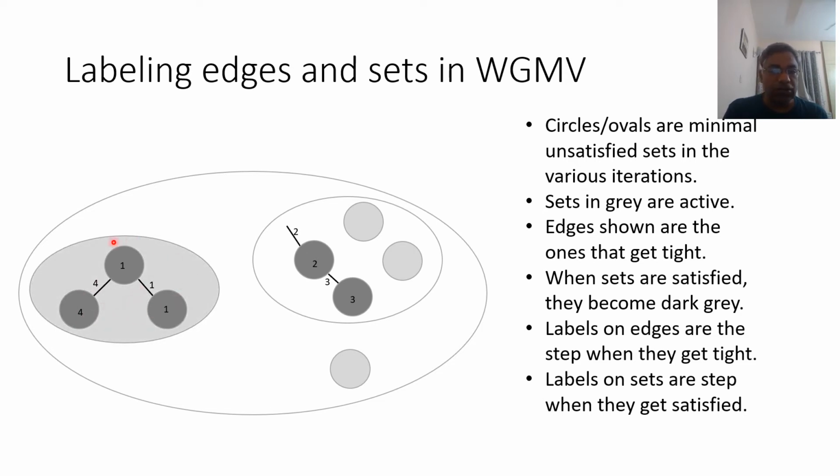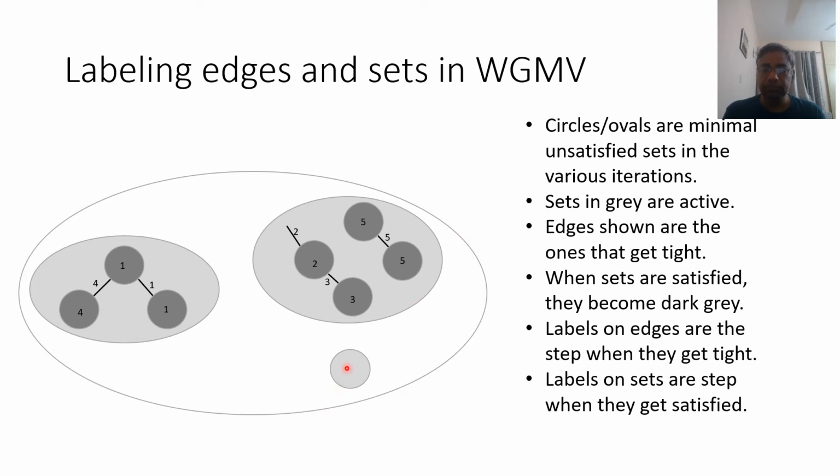And now, note something that happens: if all of these sets are satisfied, then the minimal unsatisfied set becomes this larger oval, and so that gets a color of gray. Then at the next step, let's say this edge went tight, both of these sets got satisfied, and once again you see that all of the sets within here are satisfied, and so this becomes the new minimal unsatisfied set. So after the end of the 5th iteration, the minimal unsatisfied sets are these 3 sets.